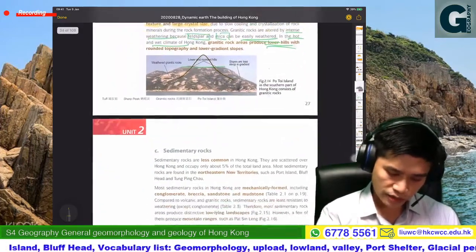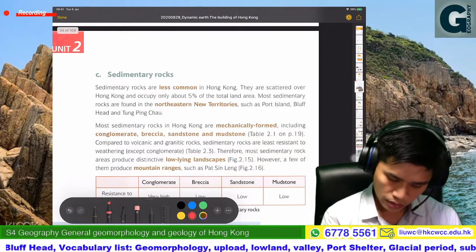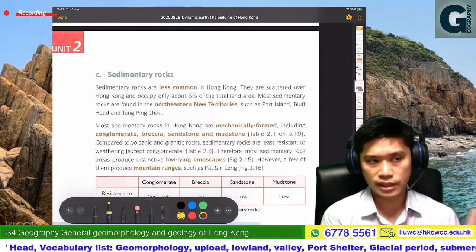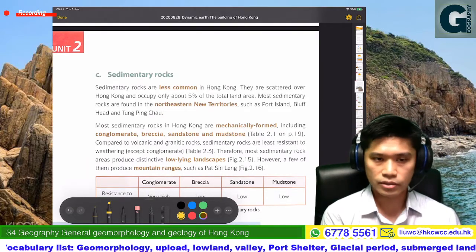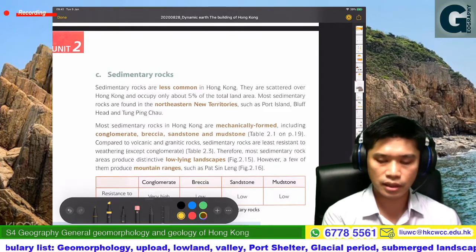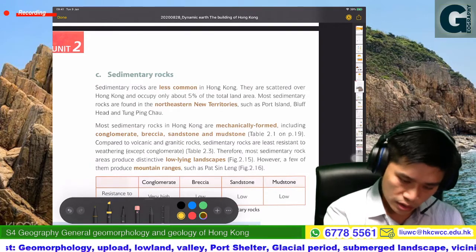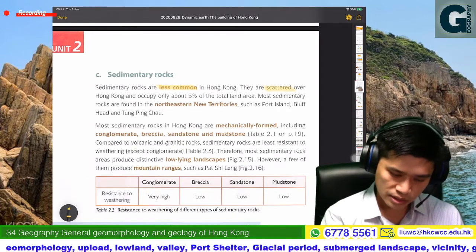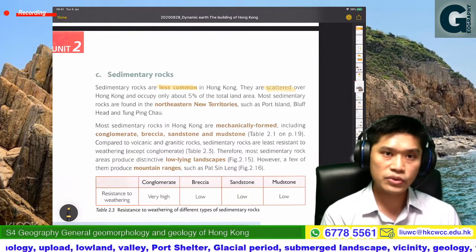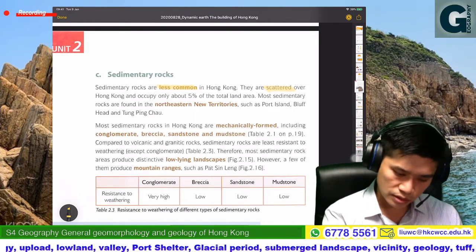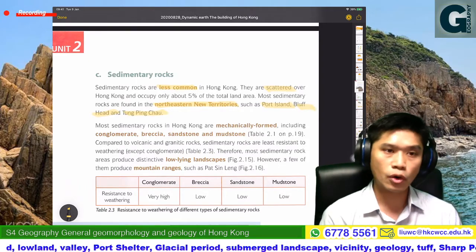So after this, okay, sedimentary rocks. So where would be the sedimentary rocks in Hong Kong? Okay, just now I've mentioned sedimentary rocks in Hong Kong are less common than the igneous rock. Mostly they could be found in the northeastern part of Hong Kong，香港東北邊為主。Okay, so they are scattered over Hong Kong and occupy only 5%。分散㗎啦，非常非常之分散。Most sedimentary rocks are found in the northeast New Territories, such as Port Island, Bluff Head, Tung Ping Chau, or these.